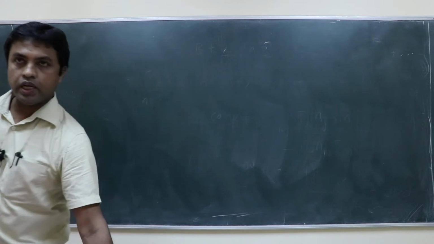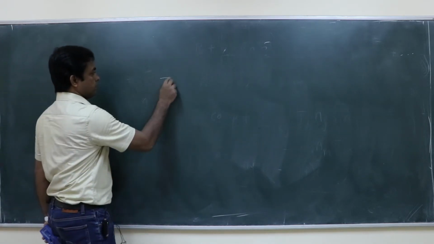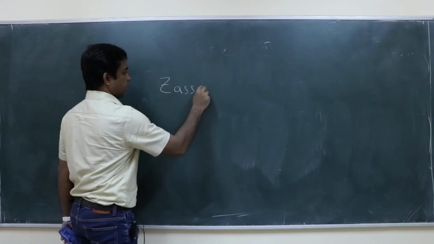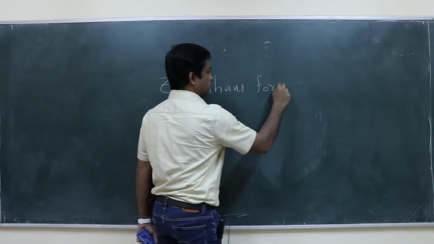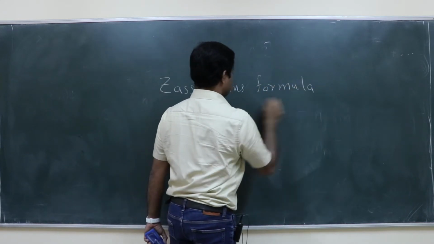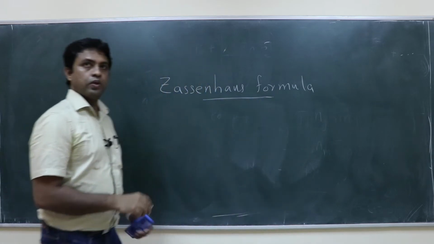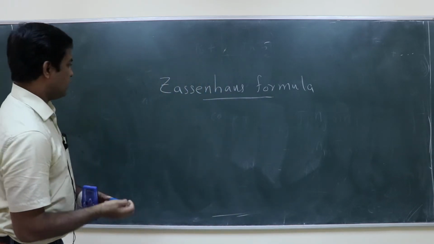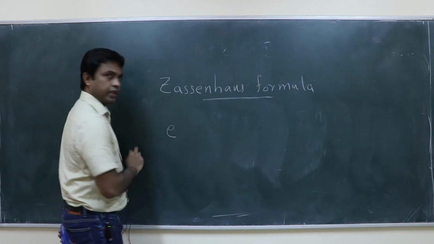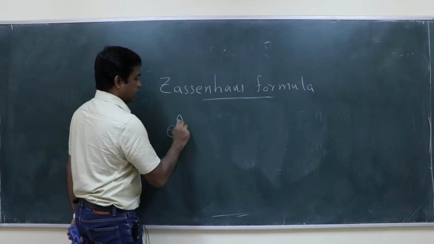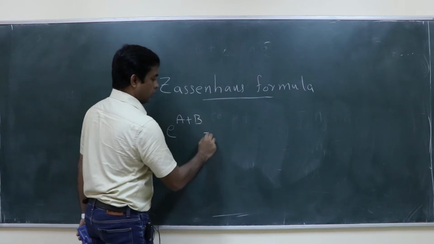So next, what we want to do is the Sassenhaus formula. Here the question is, what is e power A plus B equal to?